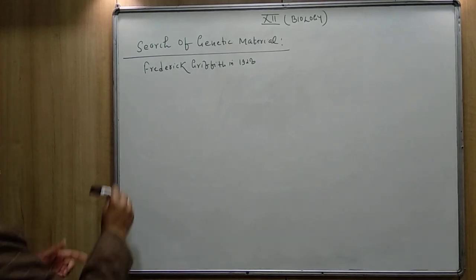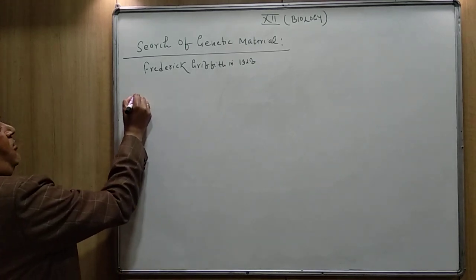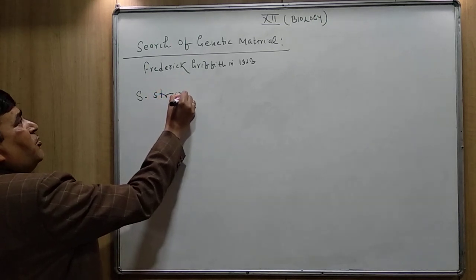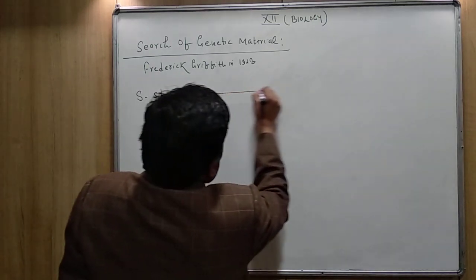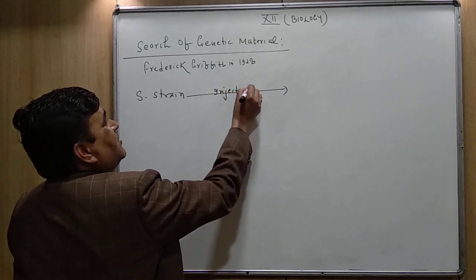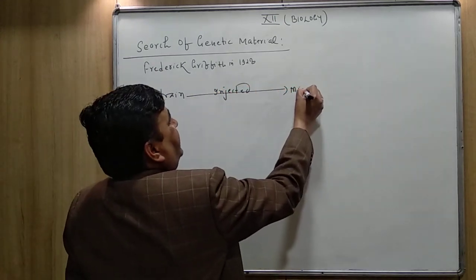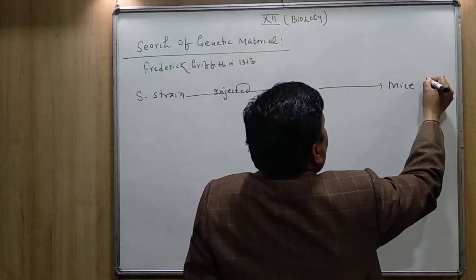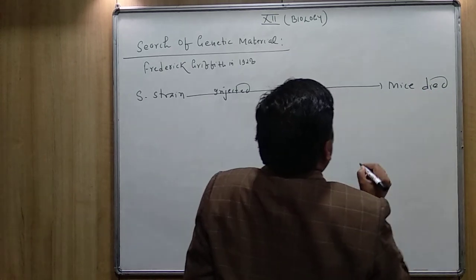Here, this is S strain. When Griffith injected S strain into the mice, the mice died.